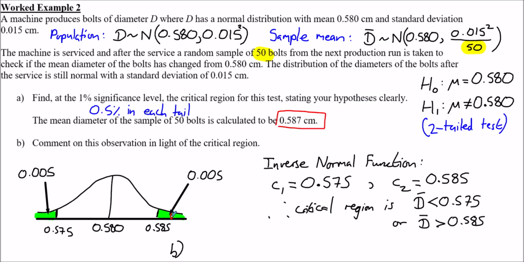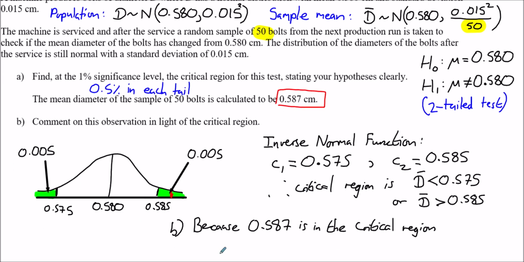In other words, it would clearly be in the critical region. So because 0.587 is in the critical region, we would reject H0.